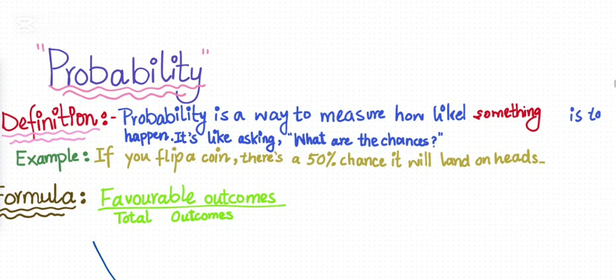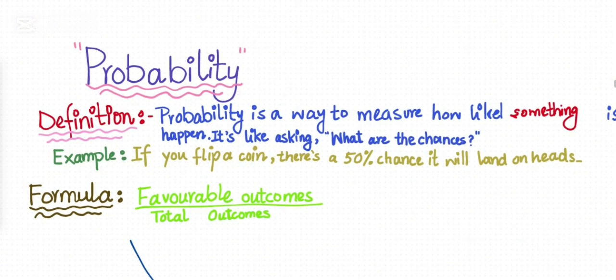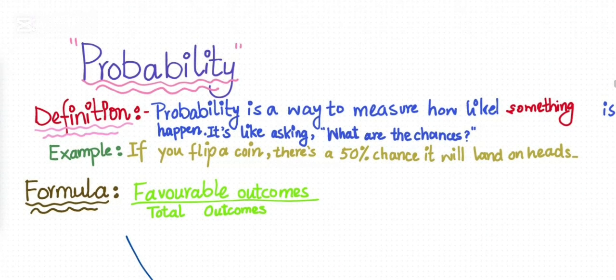We use this simple formula for probability. The formula is: probability of an event is equal to favorable outcomes divided by total outcomes. Let's say you toss a coin, there is a 50% chance it will land on heads.